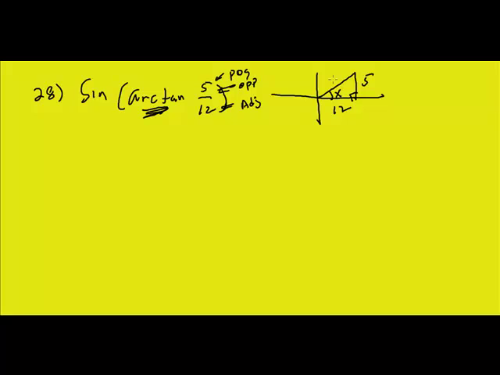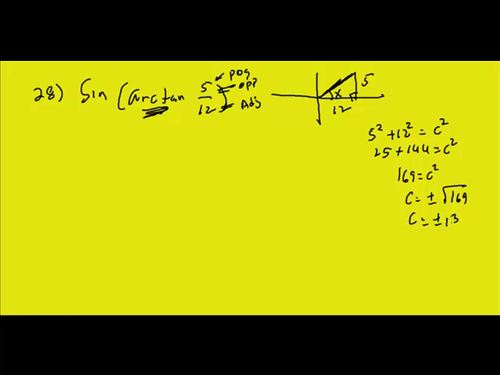Well, I have to find out what the hypotenuse is, so I'm going to use the Pythagorean Theorem. 5 squared plus 12 squared is equal to c squared. That's 25 plus 144 is equal to c squared, and that's 169 is equal to c squared. So c is equal to plus or minus the square root of 169, which is plus or minus 13.